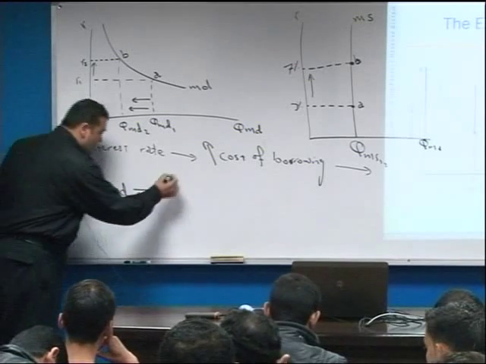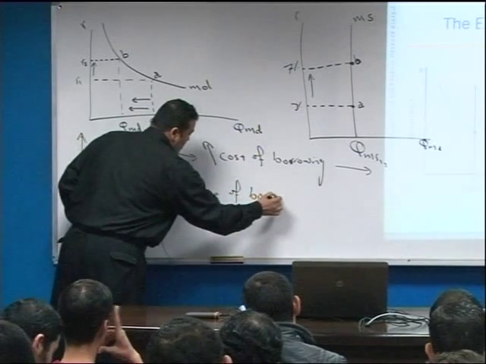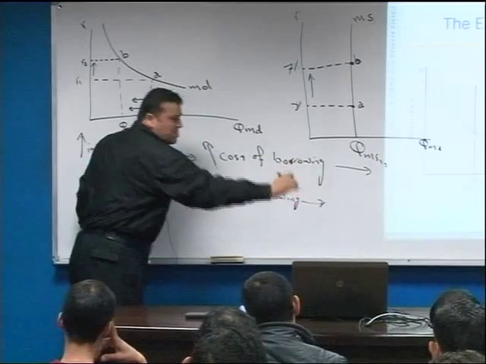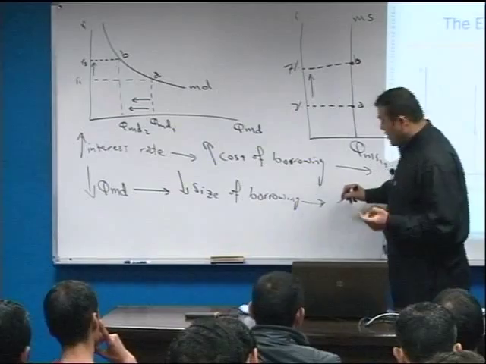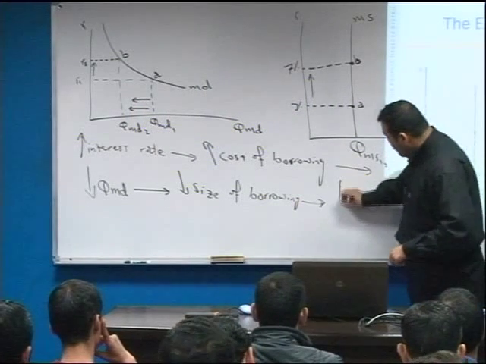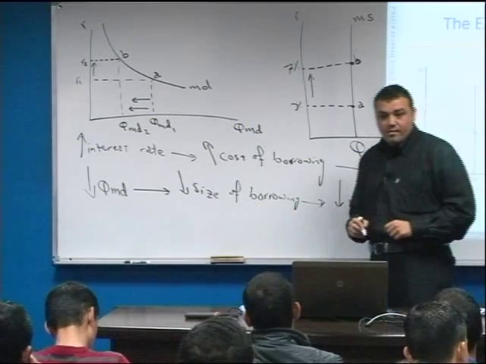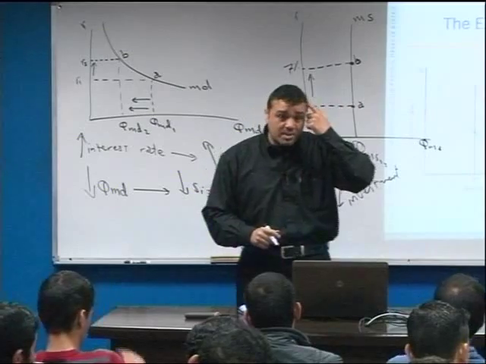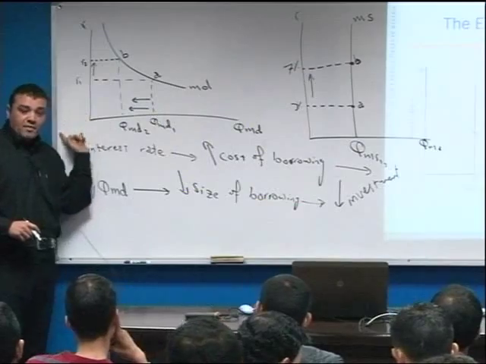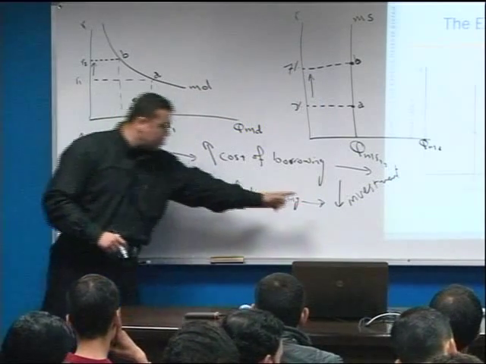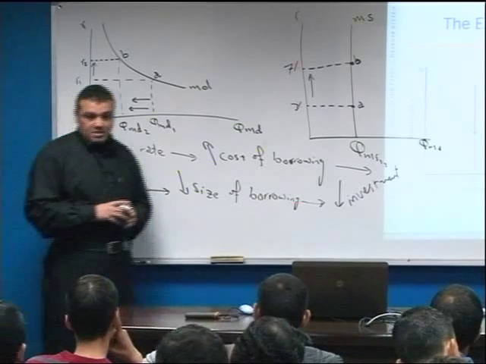Investment would decline too, and later on we will focus on this, or the demand for investment would decline. So we have an inverse or negative relationship between the interest rate and investment, and between the interest rate and the quantity of money demanded, right?